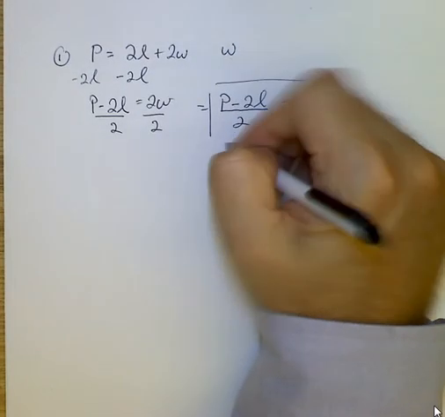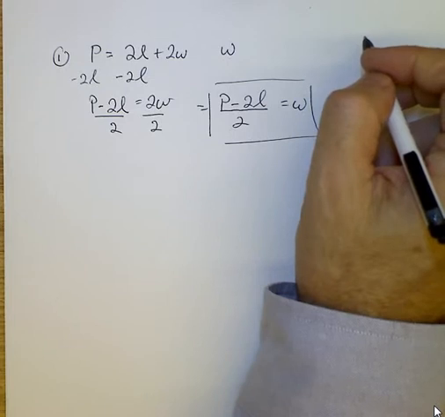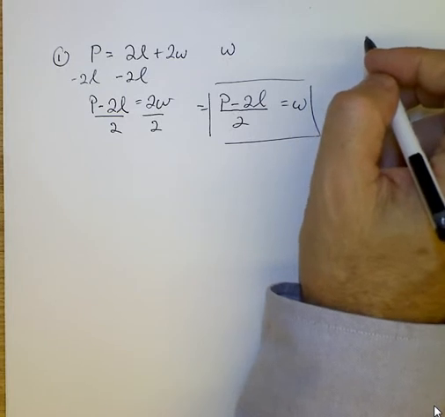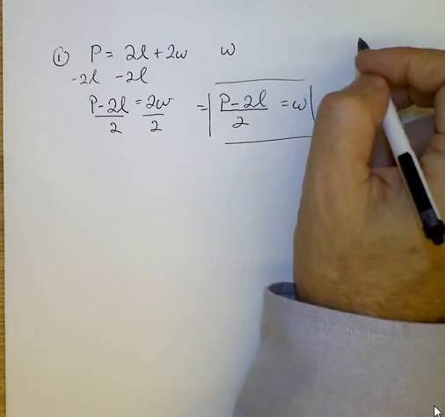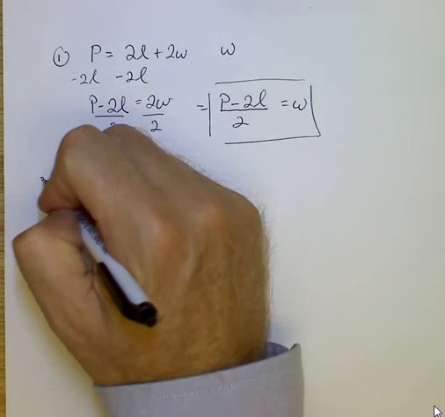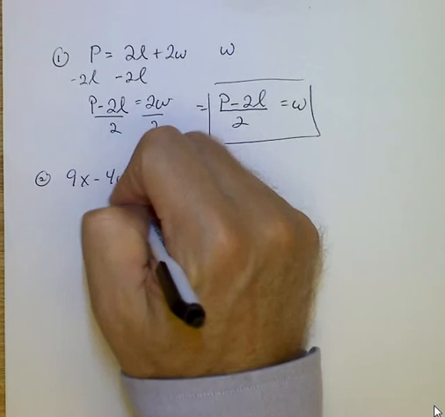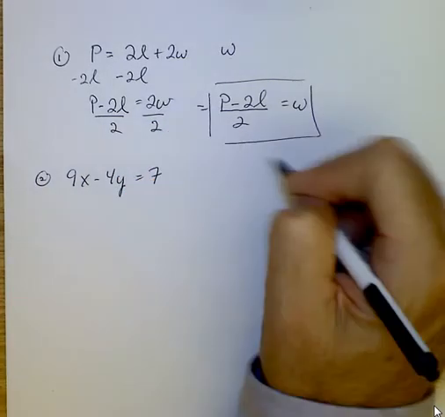Okay, so in this case we have lots of variables, but we'll identify a specific variable to solve for, and then you'll again follow the typical algebra rules. Another example might be if I said 9x minus 4y equals 7, and I said solve for y.